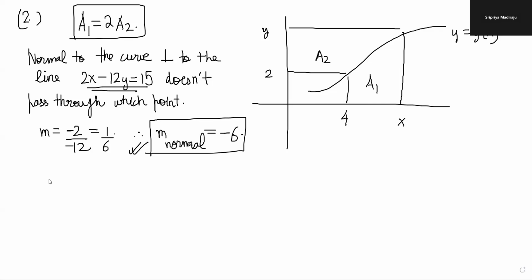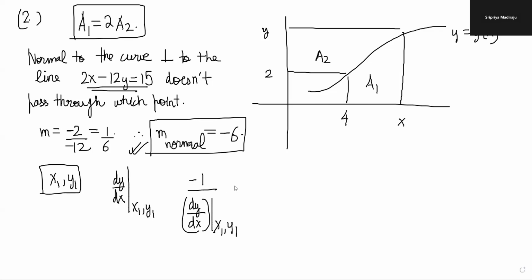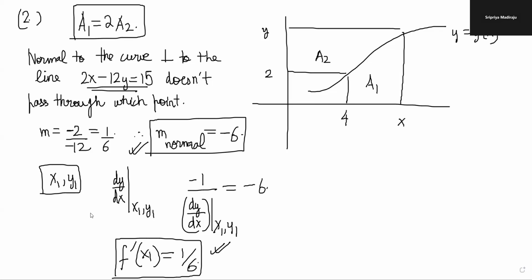If the point at which you are finding the normal is (x1, y1), the slope of the tangent is dy by dx at (x1, y1), and the slope of the normal is minus 1 by this, which should be minus 6. So the derivative of the function at this point should be 1 over 6. That is the point at which you are making the normal.